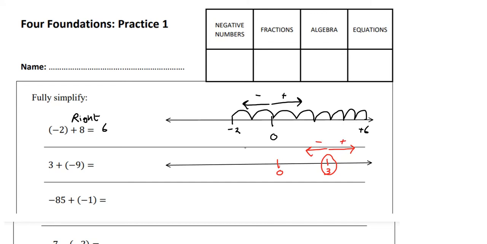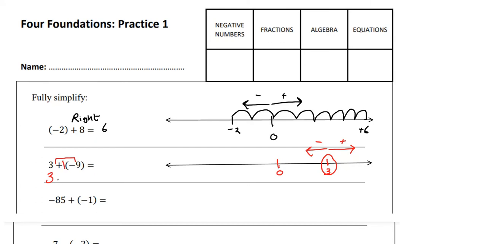We need to decide which direction we're going to move. So we can take this here as a multiplication. So here we are multiplying a +1 by a -9. Just pretend there's a little 1 here.